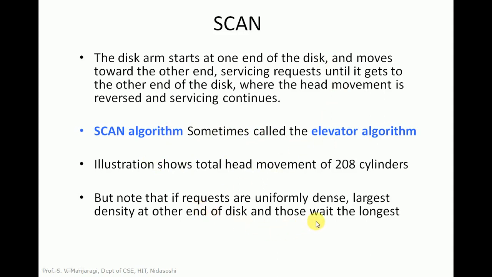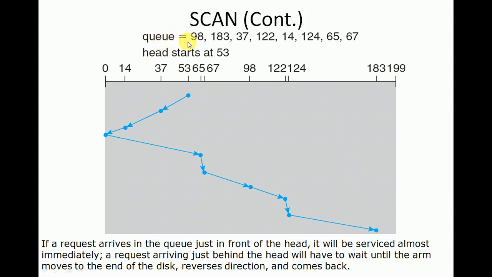So let us take an example to illustrate the scan algorithm. This is the queue of IO requests and the head starts at position 53. Actually the head will move to the left hand side, that is to sector 0. The current position for the head is 53 and it is moving towards 0.